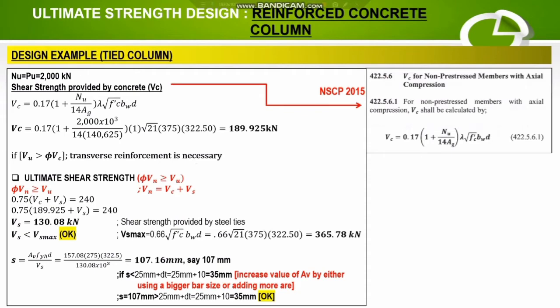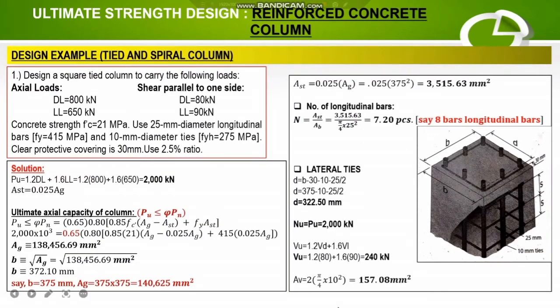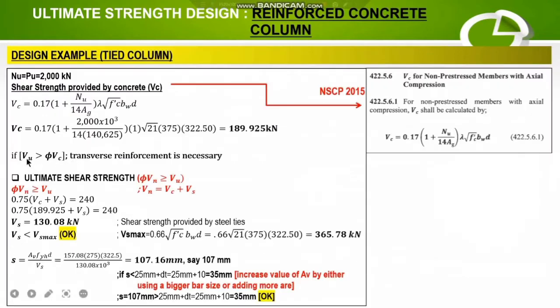Based on the computed values, our VU is 240 kilonewtons, so we can say that 240 kilonewtons is greater than phi VC. So we need transverse reinforcement. Then the next step is to solve for the ultimate shear strength, or the phi Vn.